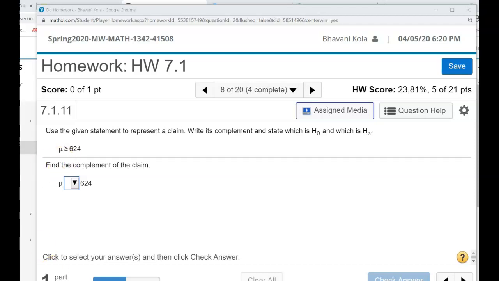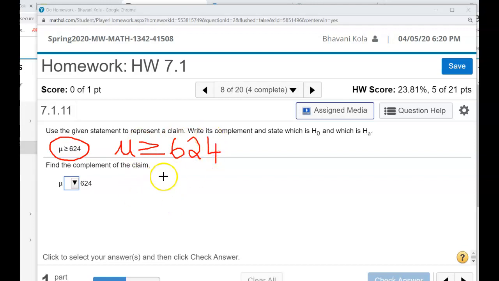So I'll use my pen tool here. This represents the claim. You don't know what mu stands for. Is that the mean of the population for a car or SAT scores? Here we just don't know. The claim is that the population mean is greater than or equal to 624.